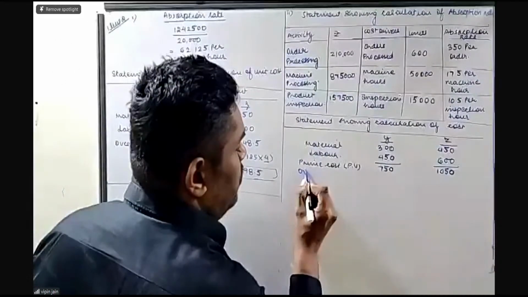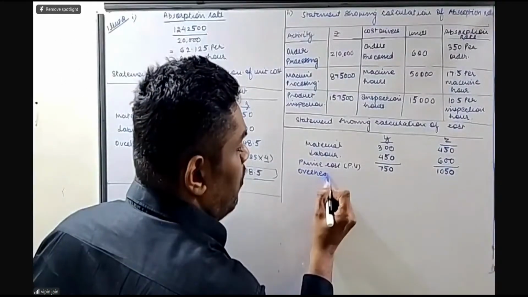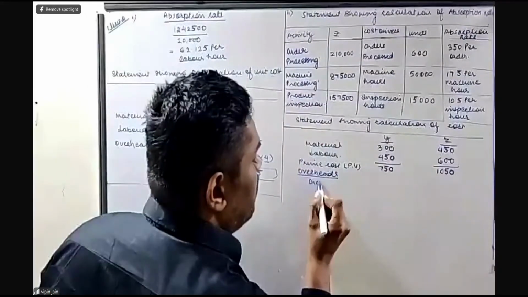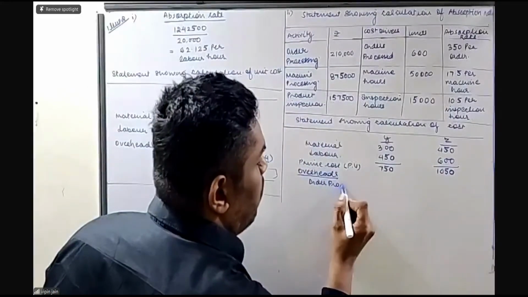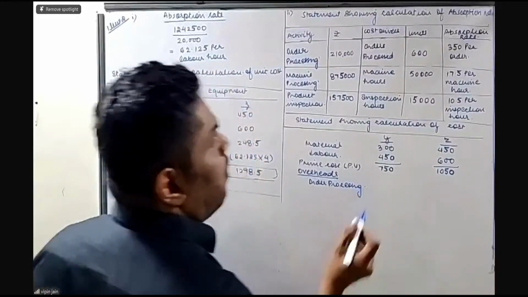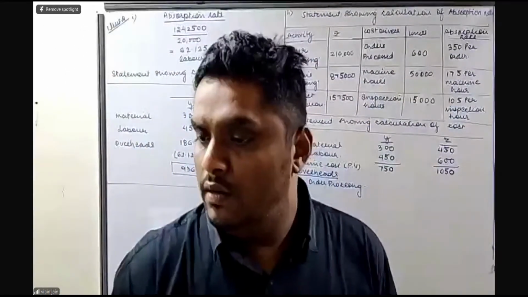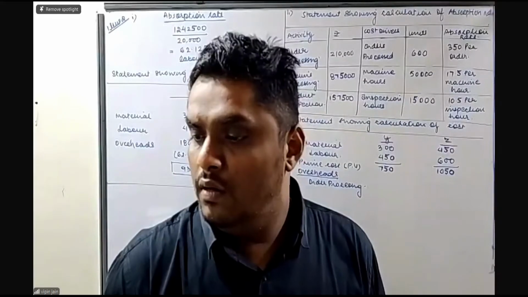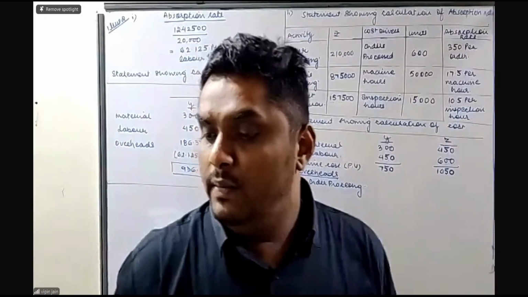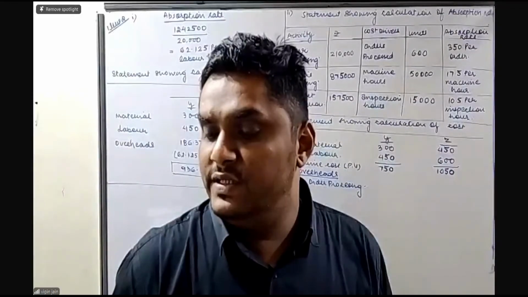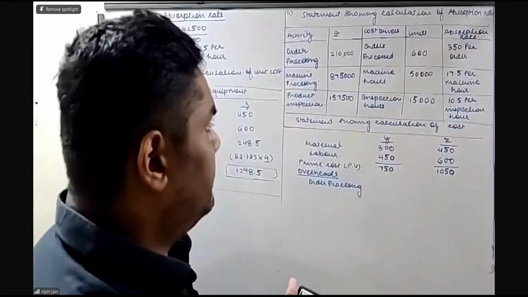So when talking about overheads, the first one is order processing. So 350 per order. And orders processed for Y is 350 and for Z it is 250.